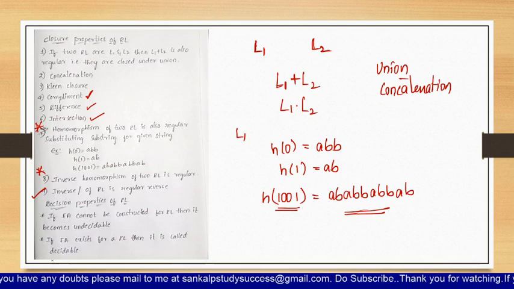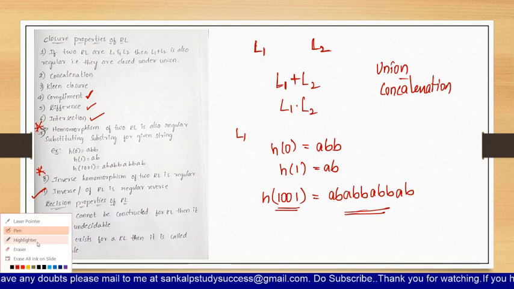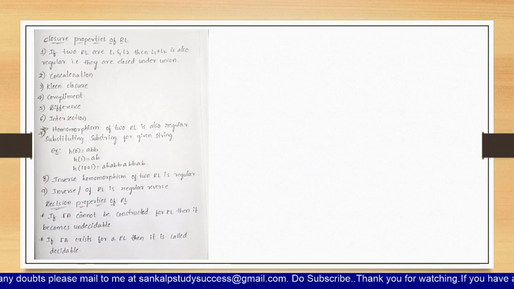Now let us see what the decision properties of regular languages are. In the decision properties, we have a regular language, so you can write a regular expression for it. If you are unable to construct a finite automaton, that is an NFA or DFA, then it becomes undecidable. So here is one regular language.